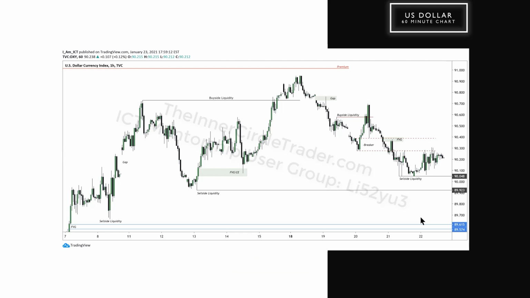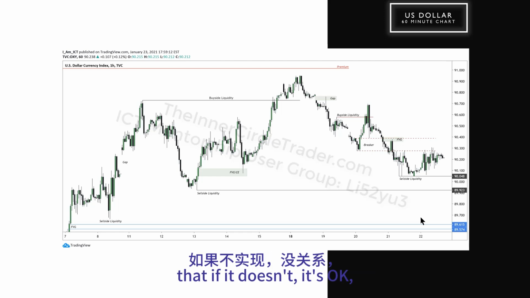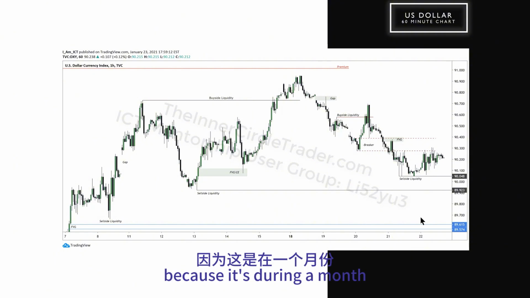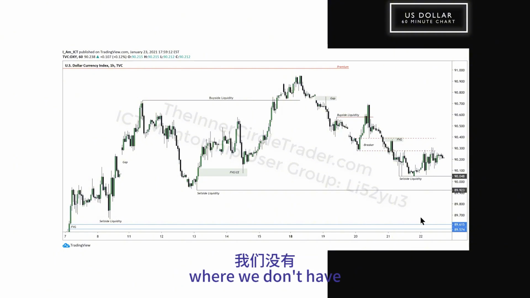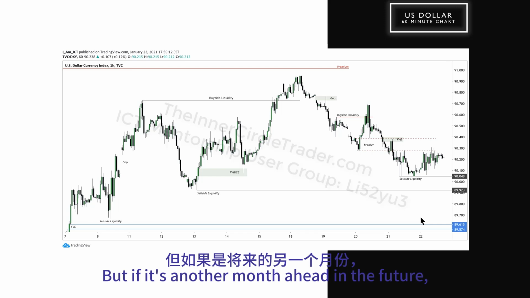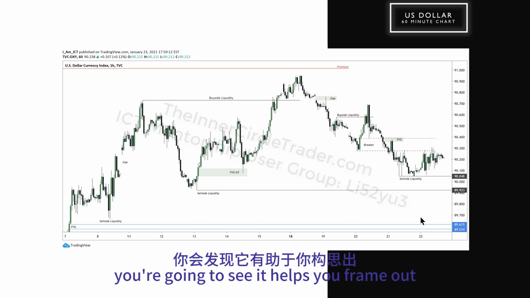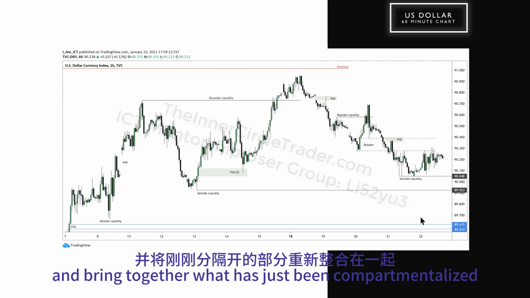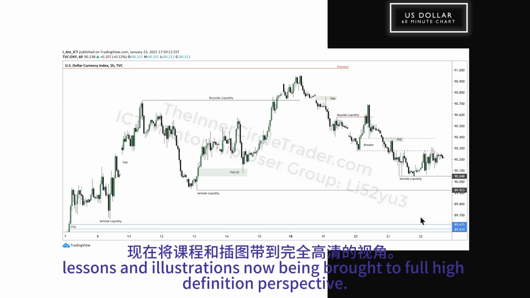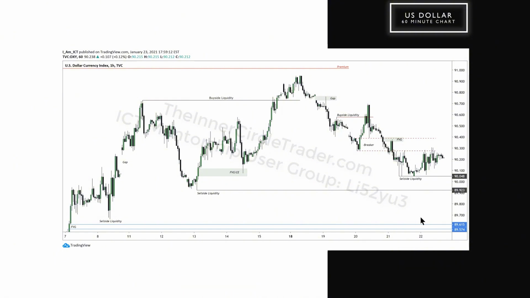It might not, and I want you to understand that if it doesn't, it's okay, because it's during a month where we don't have a lot of probability. But if it's another month ahead in the future and we're doing these types of things, you're going to see it helps you frame out and bring together what has just been compartmentalized lessons and illustrations, now being brought to full high definition perspective.